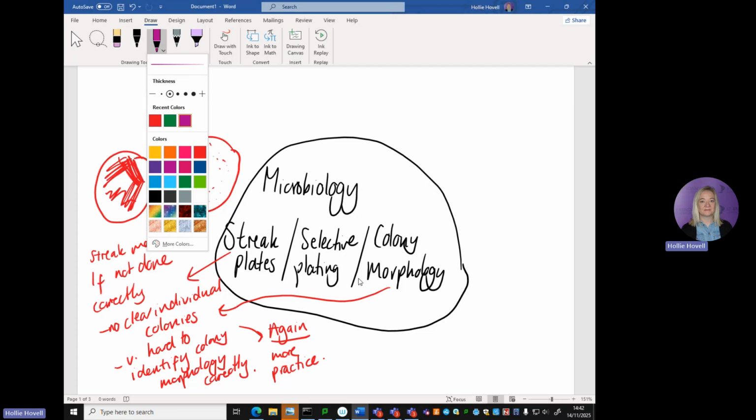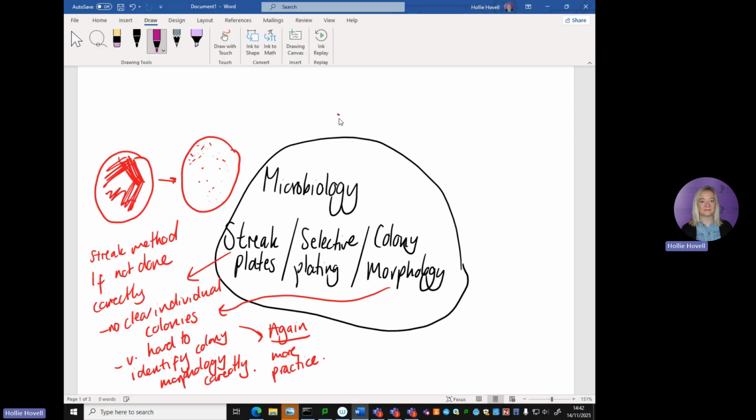Another source of error was that when we looked at our plates at the end, most of the plates, you have to talk about your individual plate, but most of the plates were contaminated. When we looked at the plates at the end, they had multiple species growing, okay, all in different colours, different colony morphologies.